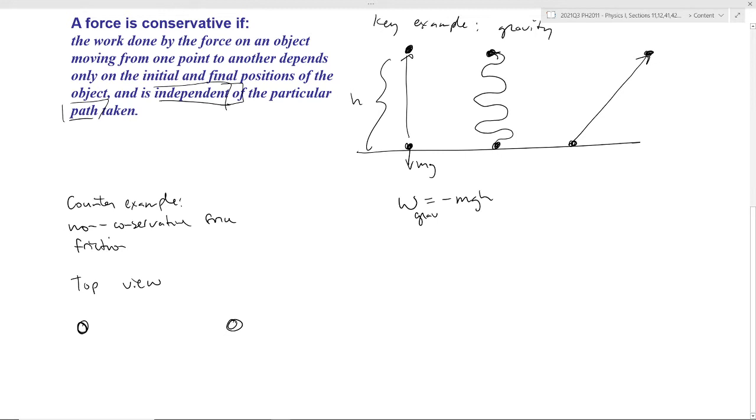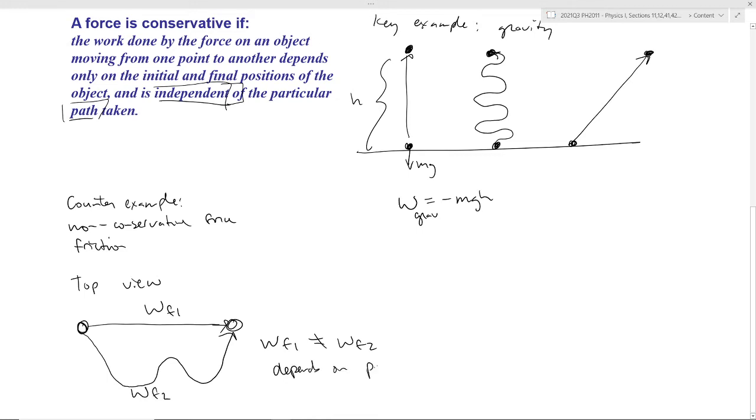Say it's an object sitting on a table in front of you. If you slide that object just directly across, versus if you were to slide that object away from you and around and across, the work done by friction here and the work done by friction here is not going to be the same, because it depends on the path that's taken. So friction is not conservative.